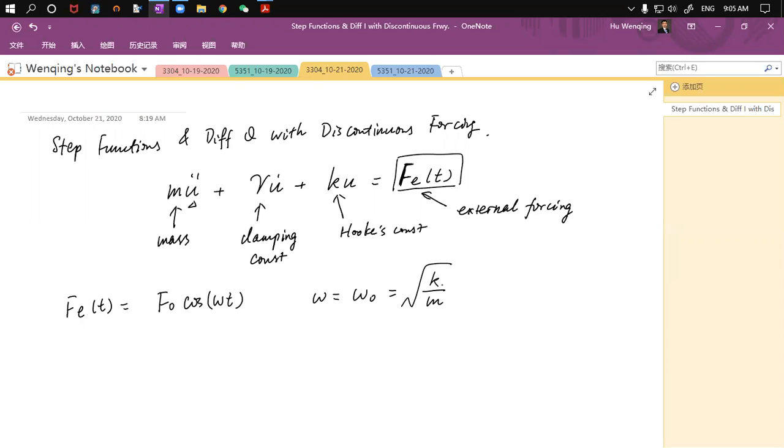Now, what about the discontinuous forcing? Well, in a soccer game, a discontinuous forcing appears. For example, if a soccer player is chasing the ball, and when your foot hits the ball, you give it a huge kick and the ball is going to move.